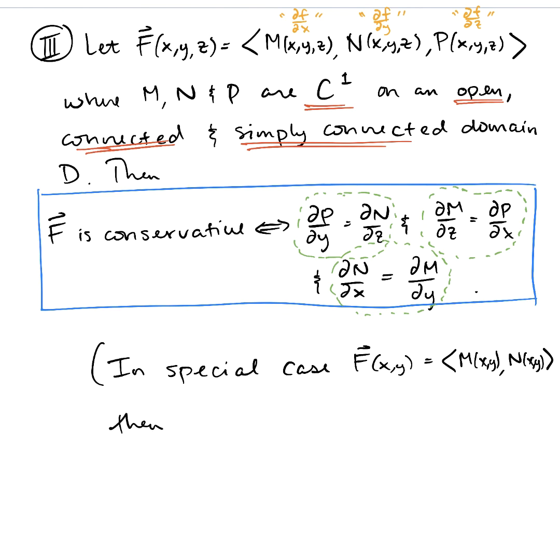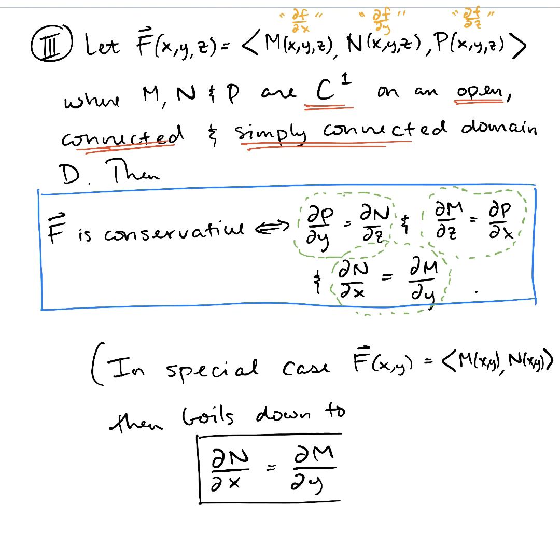Then look at all those conditions on those partials. When there is no z and there is no p, then you can see the only one of those equations with no z's and no p's in it is this one.